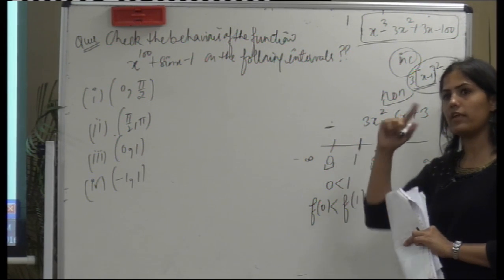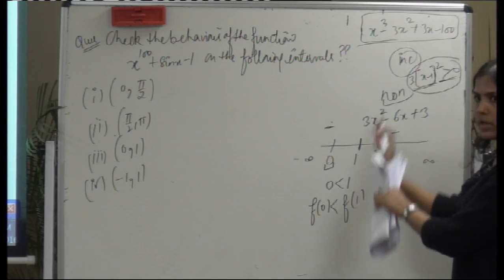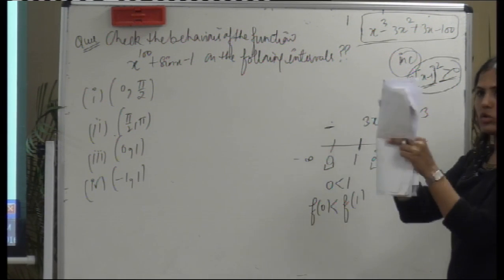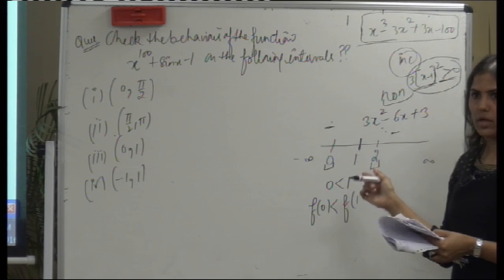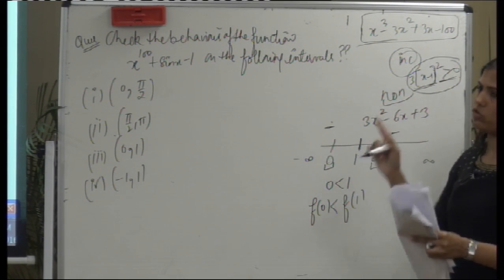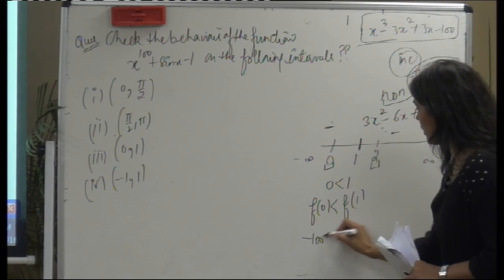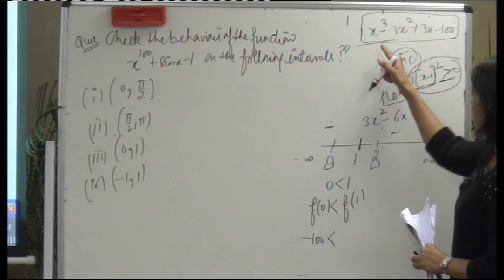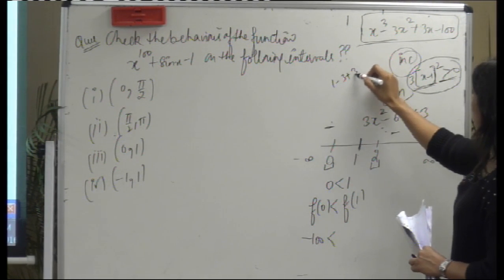If it is decreasing, f of 0 should be greater than f of 1. That's what I am checking now. I broke up the interval and am checking the behavior in those two intervals. If it is preserving the order, it is okay. If it is not, then something is wrong. So let me check now. At 0 it is minus 100, and at 1 it is minus 99.